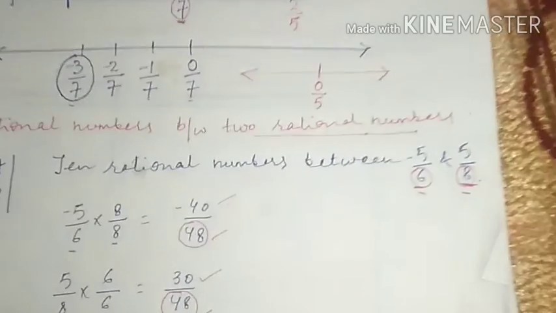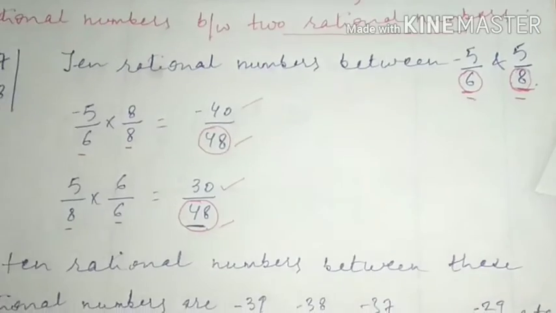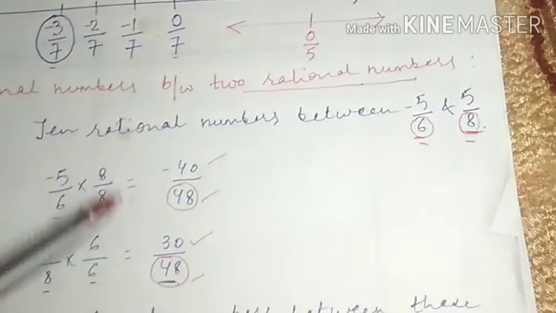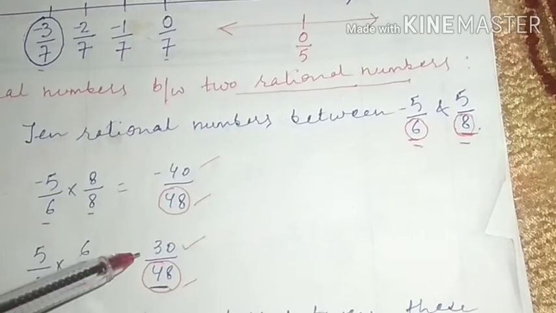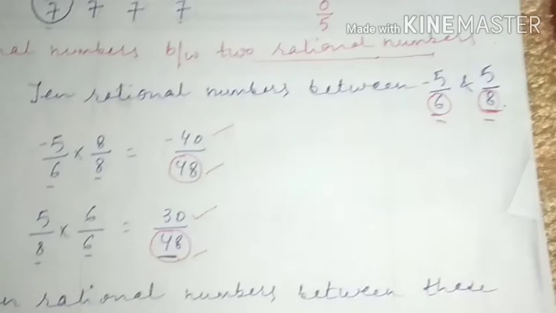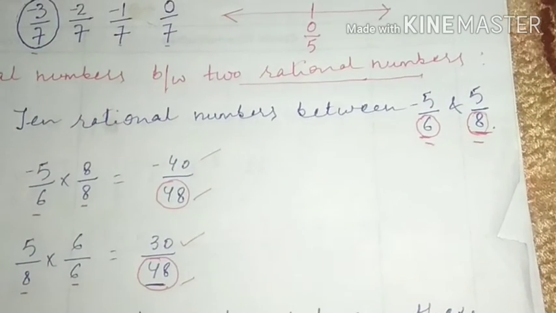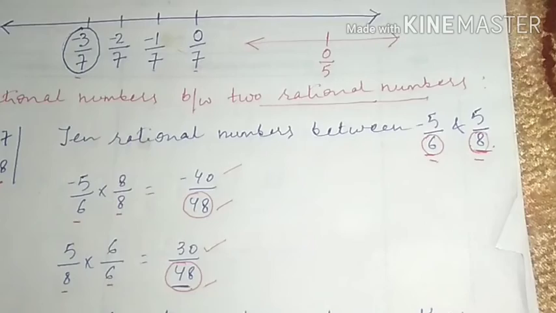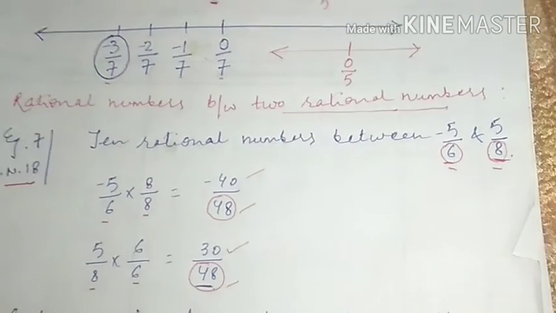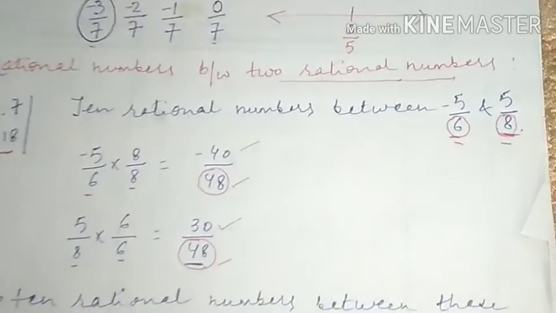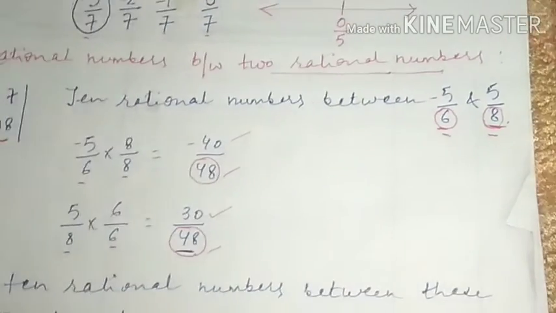Isn't this so? Now you can easily get the 10 rational numbers between minus 40 and minus 30. So you can write easily minus 39/48, minus 38/48, minus 37/48, minus 36, minus 35, minus 34, up to minus 29/48. You can get so many over here.